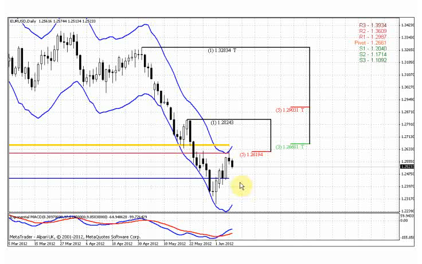You can see this area is around the weekly pivot point of the current week, around the 124.50 area, somewhere right here. So we should be ready that the market could hit this area during today's trading session, or maybe at the beginning of next week.